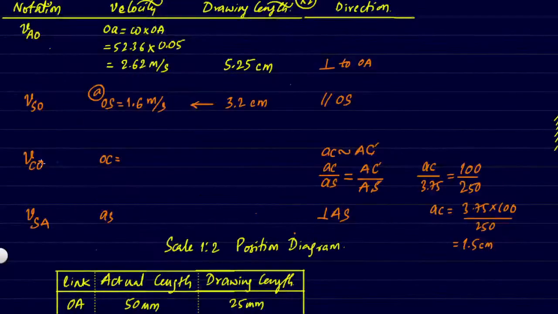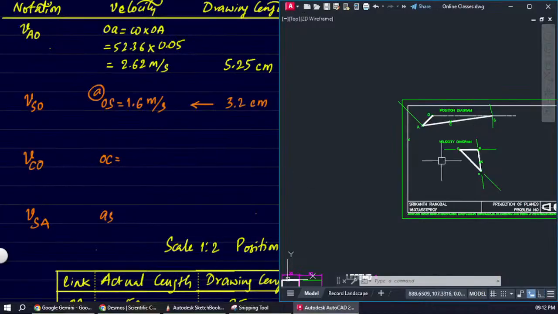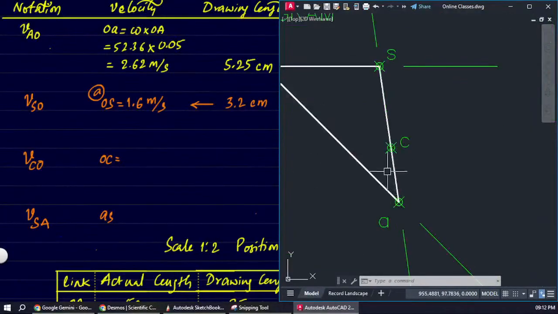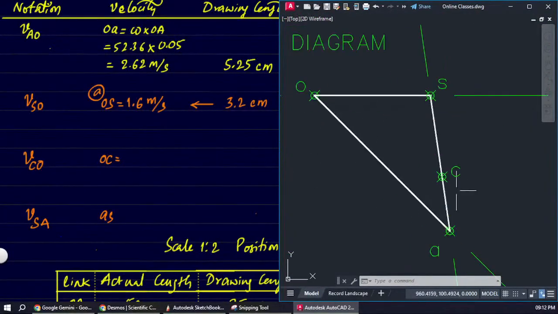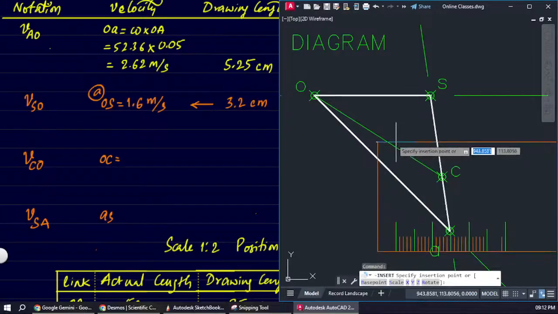Once we have the point c, we can see here that the velocity of c with respect to O is given by this line, this point to this point. This is the line which gives us that measurement. So let's quickly take our scale.